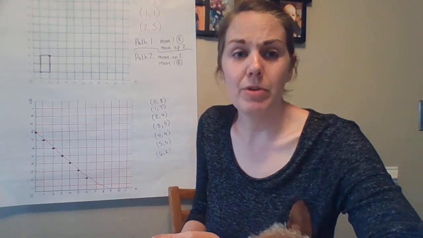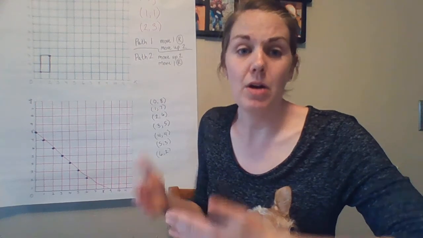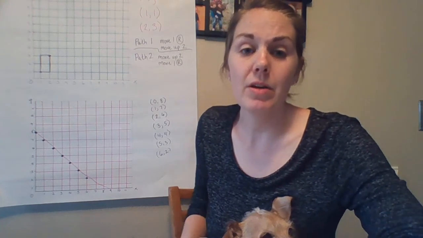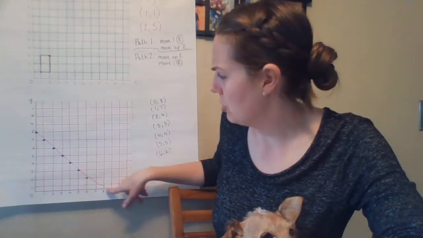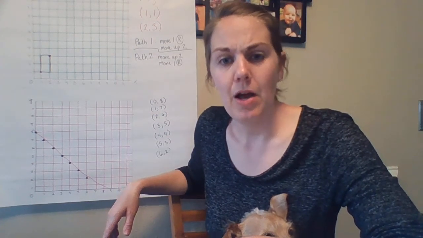A line plot shows the frequency. Bar graphs are good at showing comparisons from one to another. So why would we show something on a coordinate plane or a graph like this?